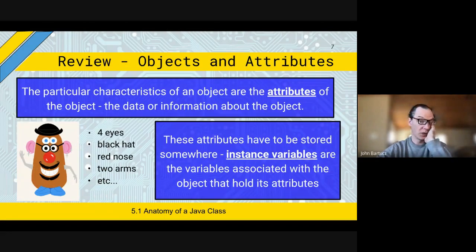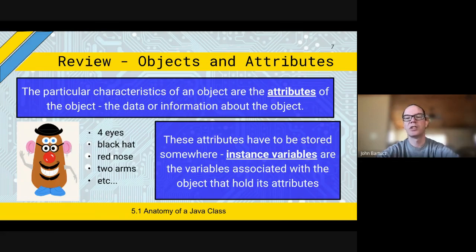So we use the words attributes and properties kind of interchangeably. Technically, the properties belong to the class and the attributes belong to an object, but you'll see them used interchangeably. Basically, they're the variables inside your class, right?